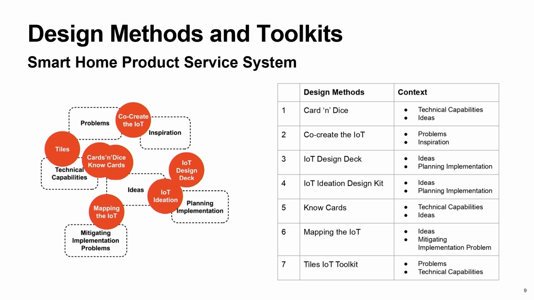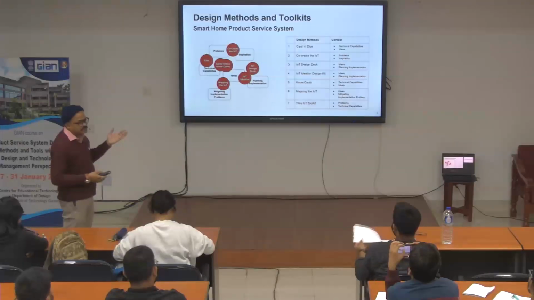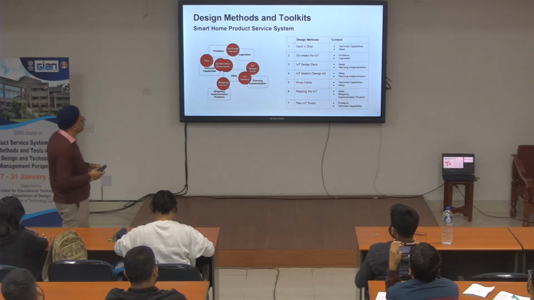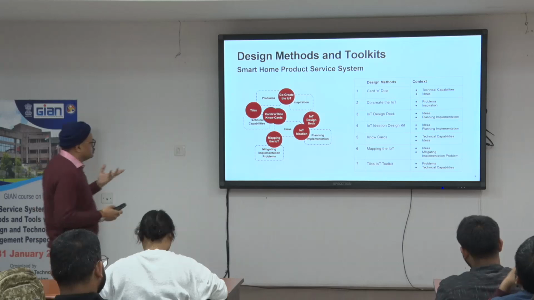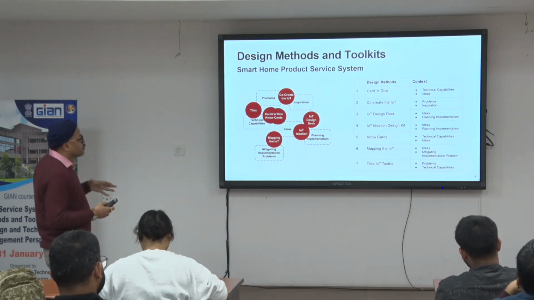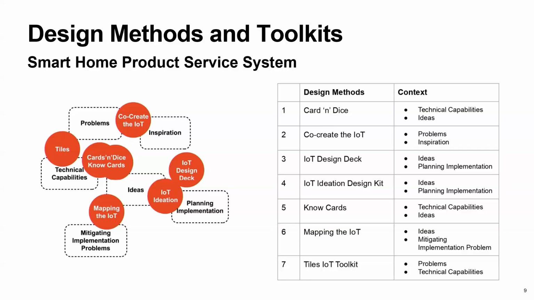We interviewed a lot of professionals who are into PSS design, and found that they use these 7 types of card based tools: card and dice, co-create the IoT design decks, IoT ideation design kit, no cards, mapping the IoT, and Tiles IoT toolkit.